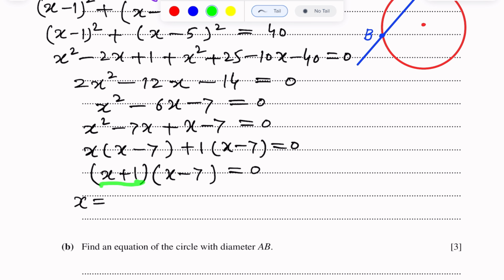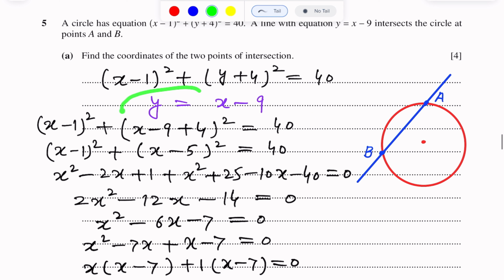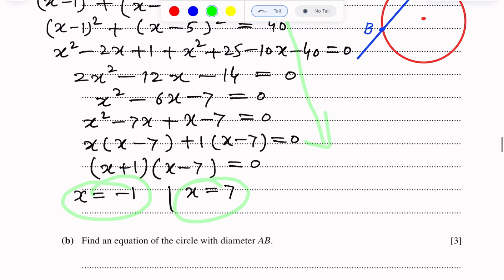Also, putting x − 7 = 0, x is equal to 7. We get these two values of x. Now, putting these two values separately in the above equation of the line, we get the corresponding values of y.